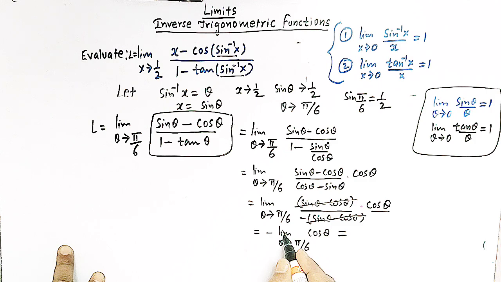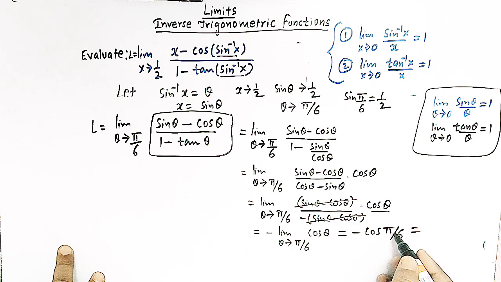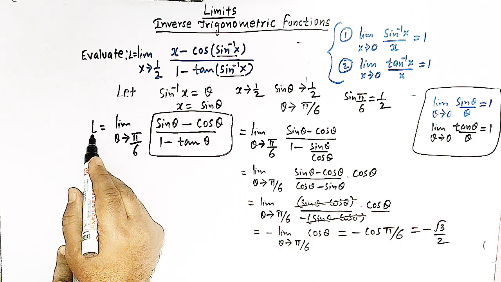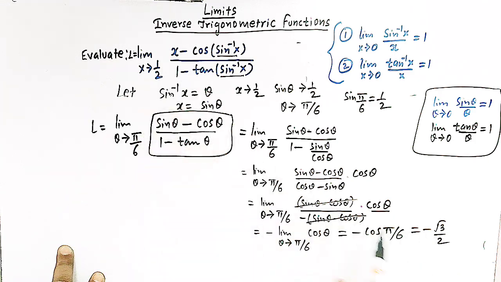Now limit theta tends to pi by 6, cosine theta is simply minus cos pi over 6. Now this is cos 30 degrees. The value of cos 30 degrees is square root of 3 over 2, right? So the value of this limit is minus square root of 3 divided by 2.